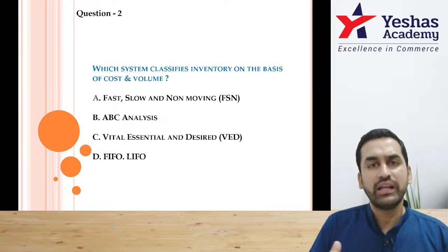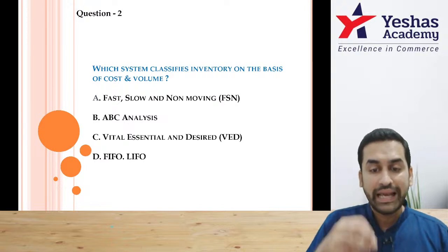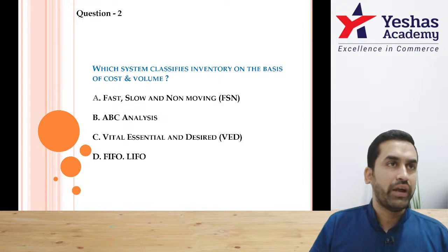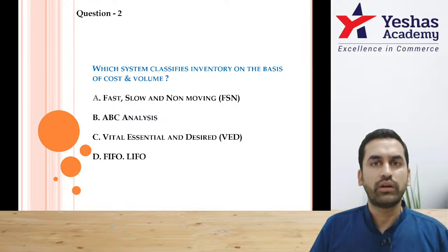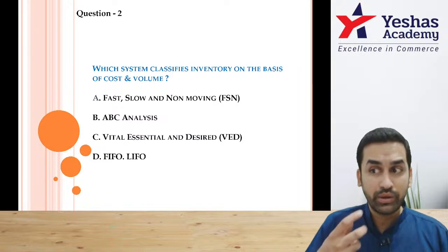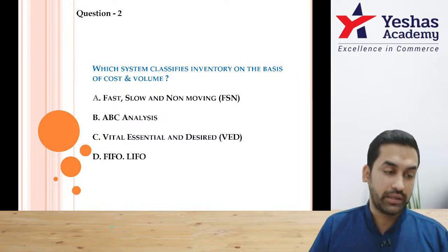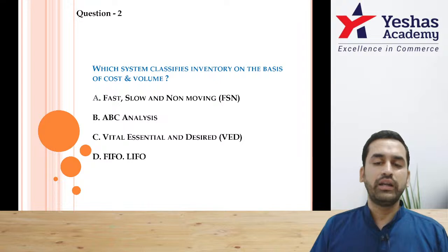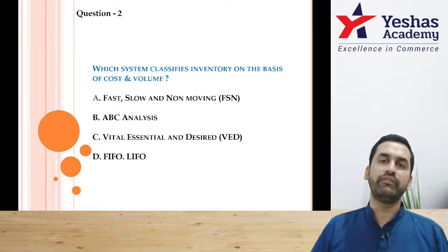Now tell me, when I say vital, essential, desirable, where am I talking about? Kgs or liters or rupee or value, anything? So it is not based on cost, it is based on importance, it is based on severity. Correct? How dependent are we on those items? FIFO and LIFO, definitely no, because FIFO and LIFO is not a method to classify inventory.